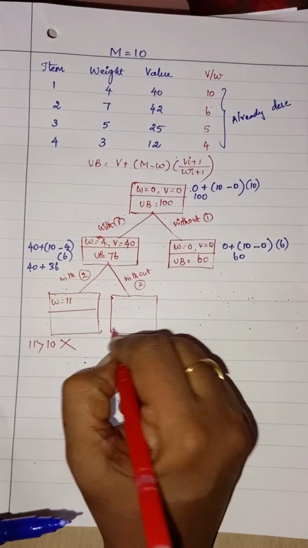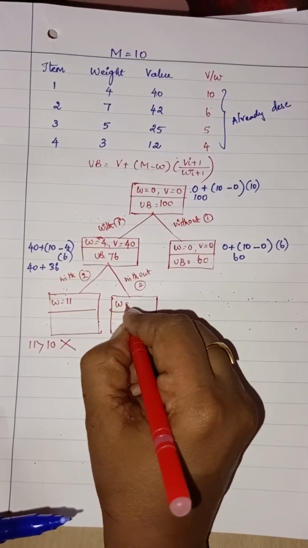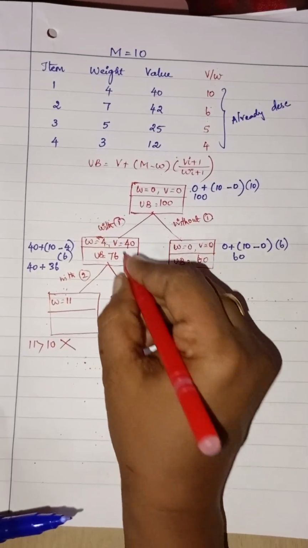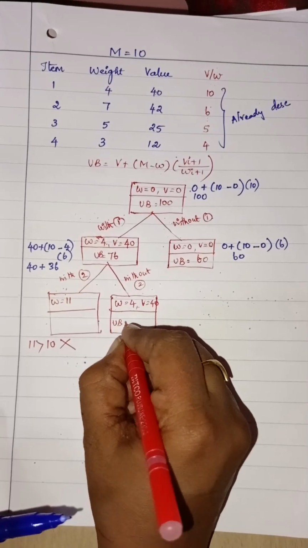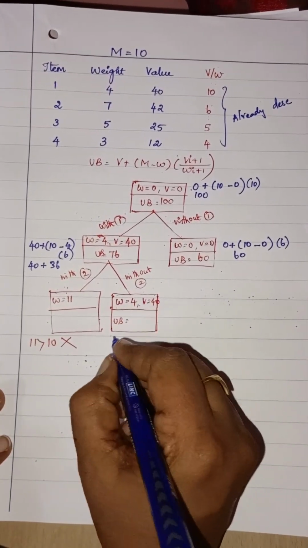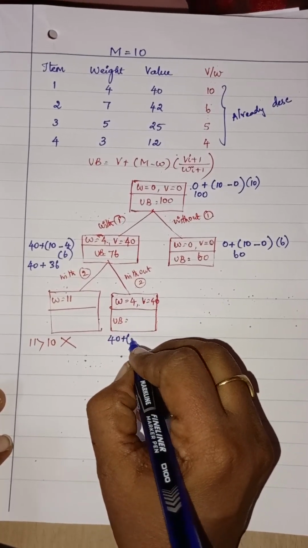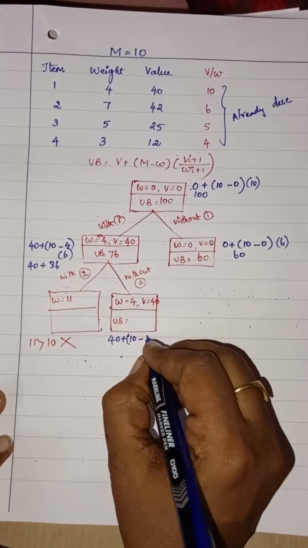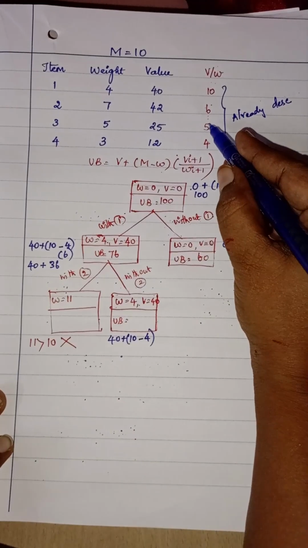I am going for the next option without 2. So if I am not including 2, weight is going to be the same, 4. Value is going to be the same, 40. What is the upper bound now? Upper bound is, we all know, value plus, that is 40 plus M, that is 10, minus weight 4, into, since I am dealing with item 2, the ratio should be of item 3.